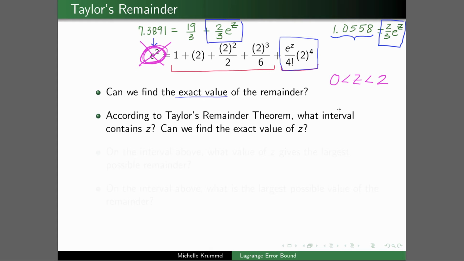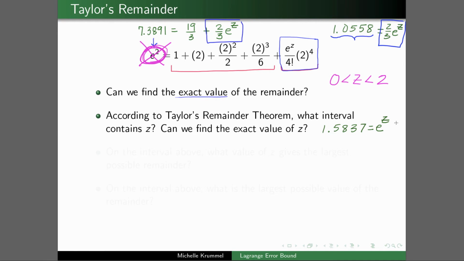Can we find the exact value of z? Again, it depends on how you interpret the exact value. Since we know that 1.0558 is equal to 2/3 e to the z, we could divide both sides of this equation by 2/3, and that would give us 1.5837 equals e to the power z.